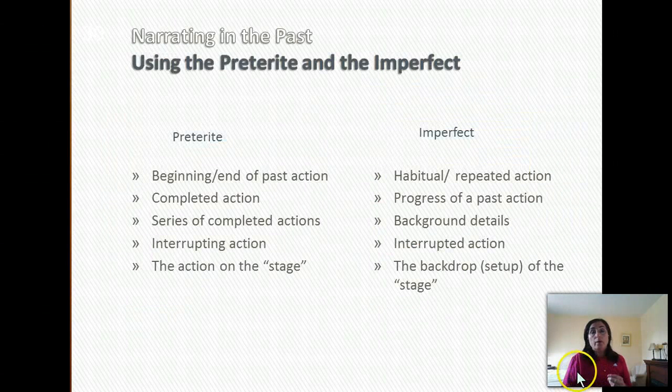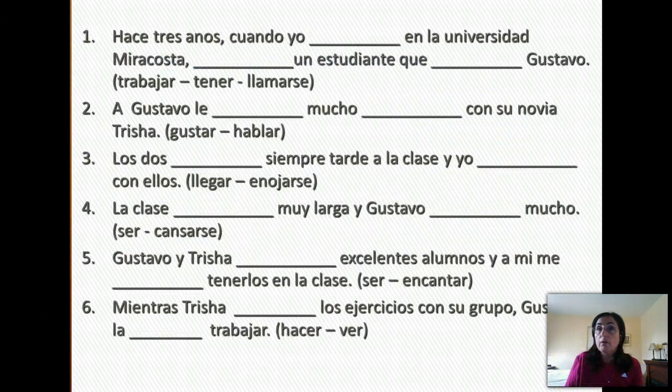Now, there is a story that I always tell in my classes about Gustavo and Trisha. This is a real story of 2 of my students that were in 2 of my classes. The first class, I saw how they looked at each other, so I decided to put them in the same group, and from there until today they're still together and they love each other. So in this story, I'm only going to use the imperfecto, because I'm not going to describe what Trisha did or what Gustavo did.